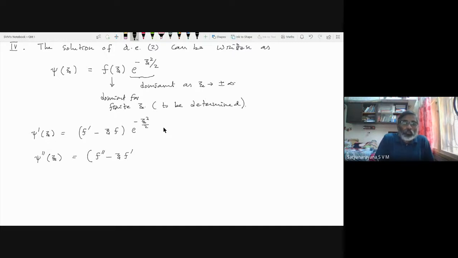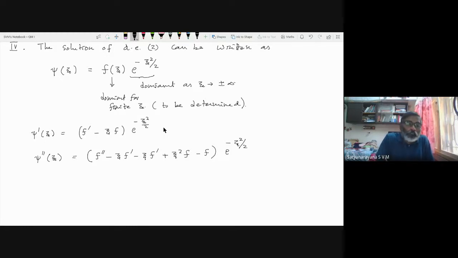Now if I keep this and differentiate this one, I will get minus psi into f prime again, plus psi square into f, and of course there will be one more term, simply minus f, into e to the minus psi square by 2.